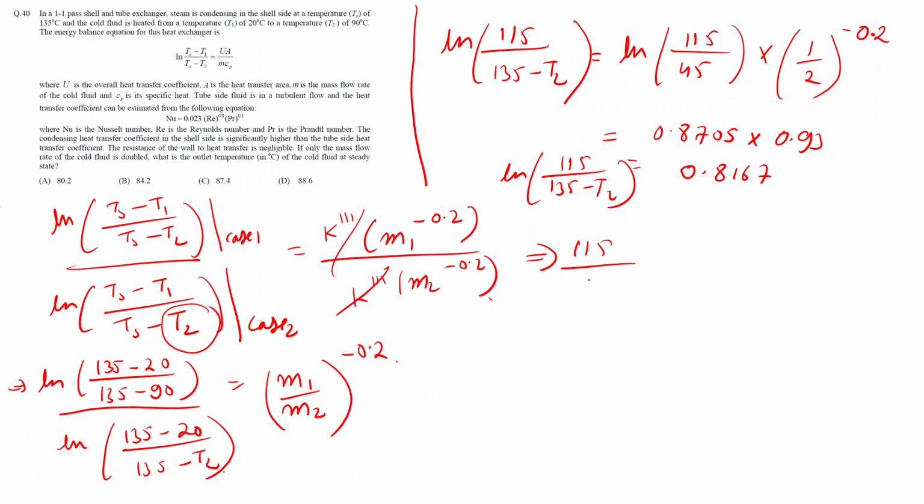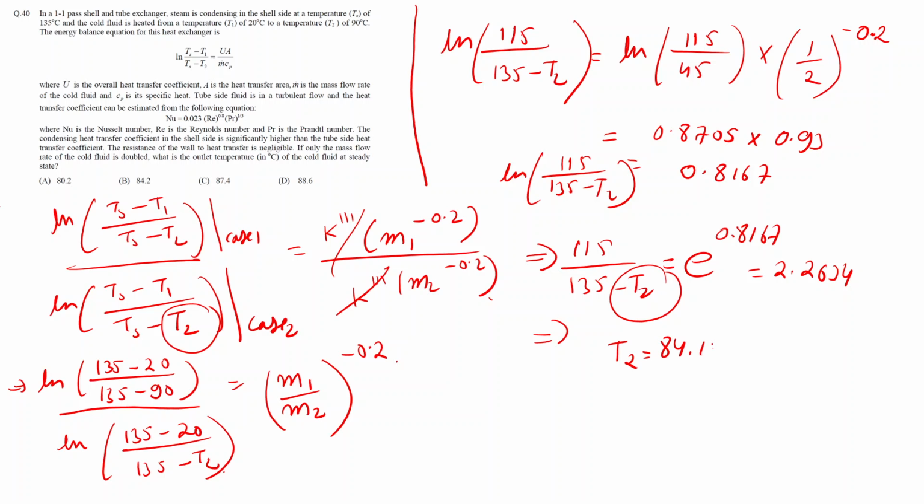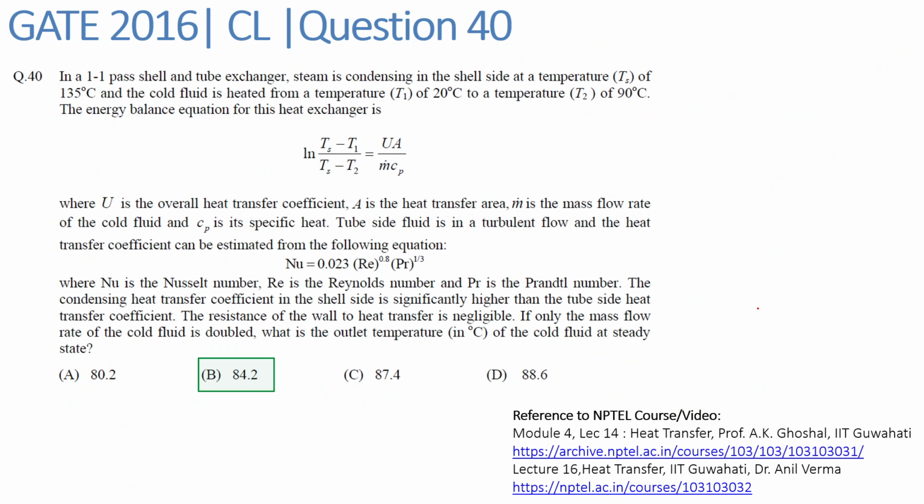Ultimately we can solve this and find T2 as 84.192 degrees Celsius. That is, for the second case in which the mass flow rate is doubled, the outlet temperature of the tube will be 84.192 degrees Celsius. So from the given options we can select option B as our correct answer.